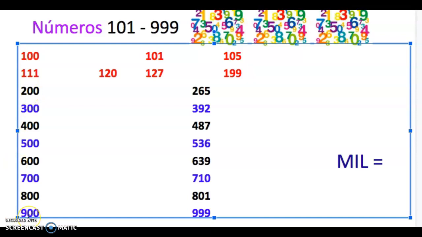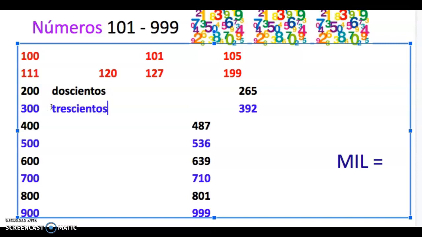200 through 900 are very similar to the numbers and the word hundred, which is ciento. So 200 is dos, like the number 2, and then cientos, which would be 100, right? You told me that 100 was ciento, so cientos. 3 is tres, cientos.